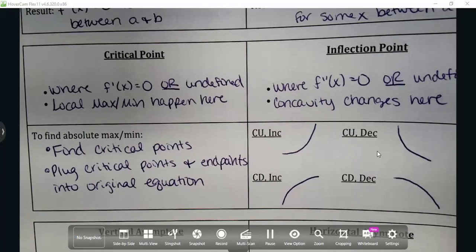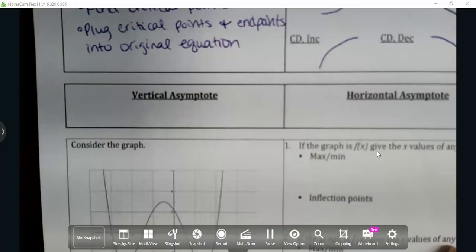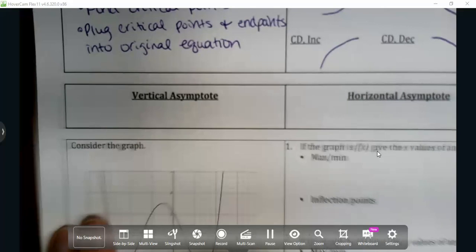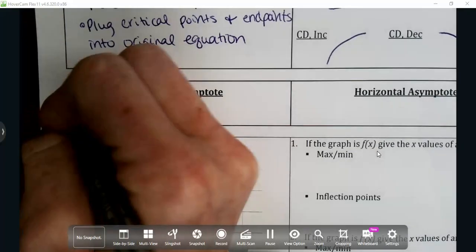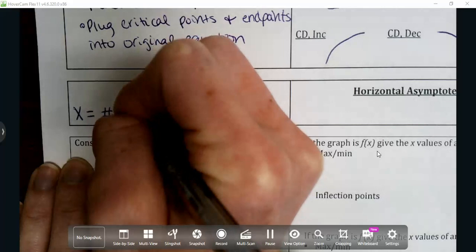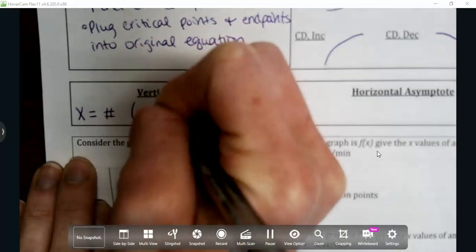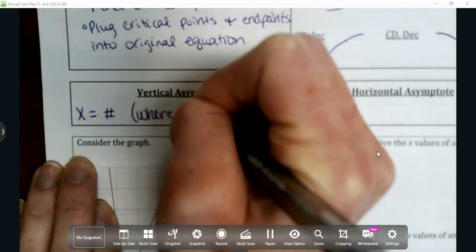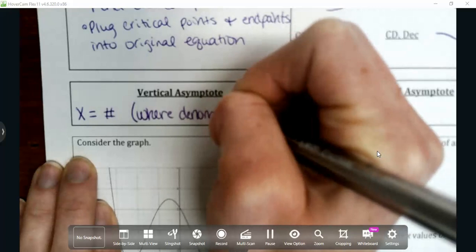All right, how do we find vertical asymptotes? So it will always be x equals a number, and it's where the denominator equals 0.